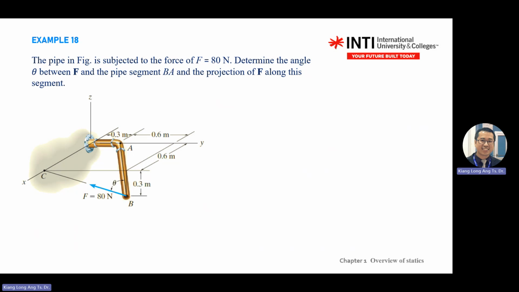Okay. Now, don't confuse example 18 with the previous slides that ask you to find alpha, beta, gamma angle. Don't confuse. You can solve by using alpha, beta, gamma also, but the question didn't ask you to find alpha, beta, gamma. It asked you to find angle over here.